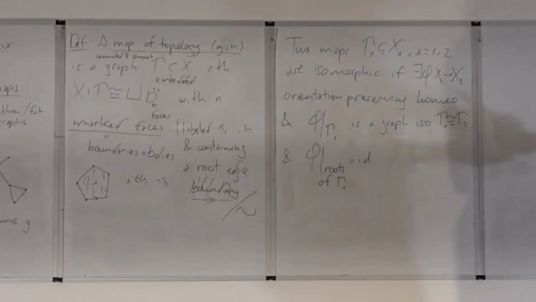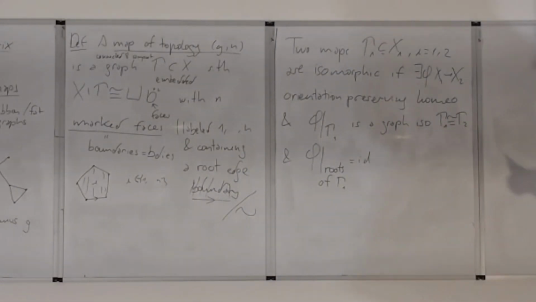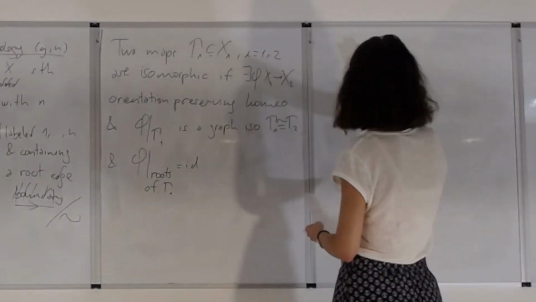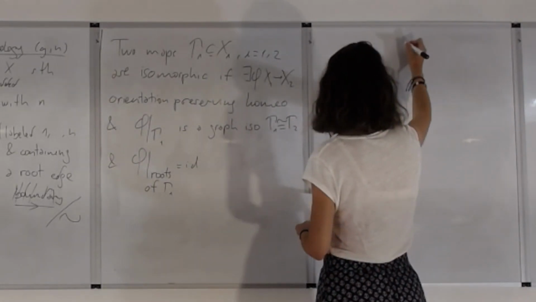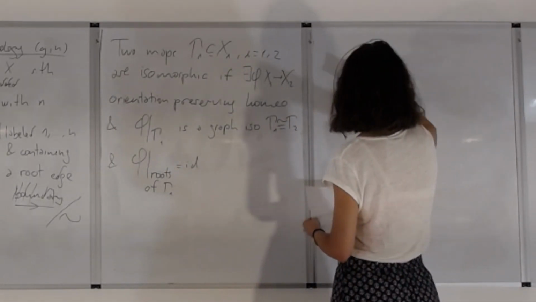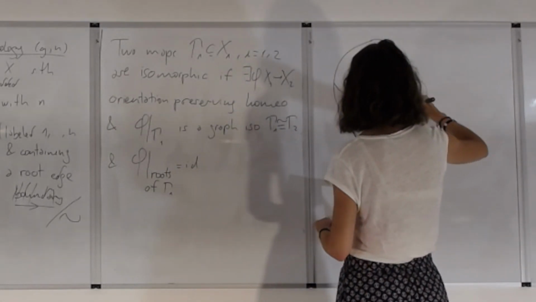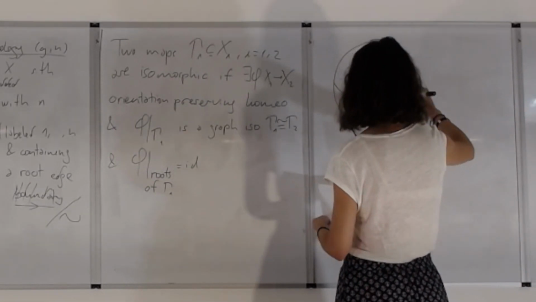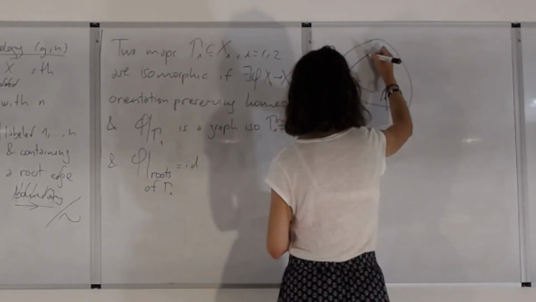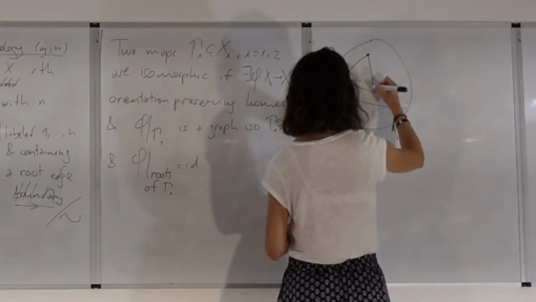Let me draw the drawings and then we can do questions. This is still okay, yes. Yeah, maybe I will just do it here. So this time I'm drawing the sphere. And here I have my graph embedded on it.